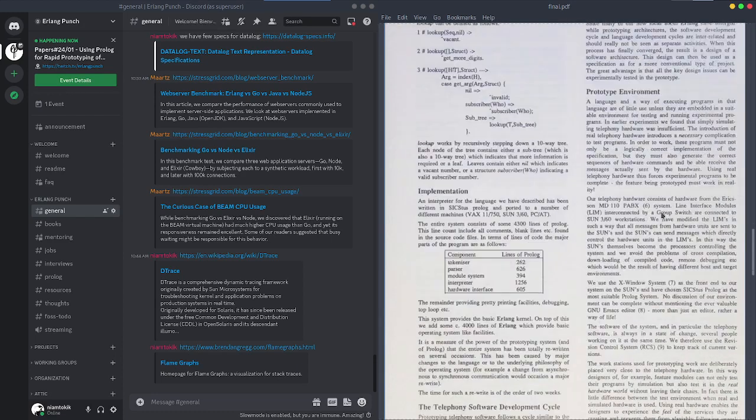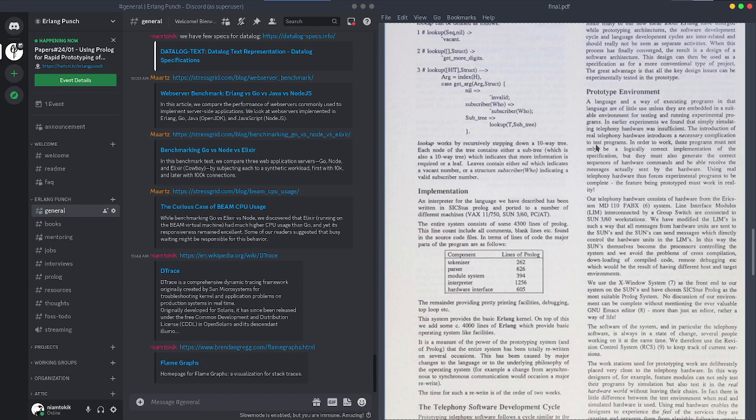Prototype environment. A language and a way of executing programs in that language are of little use unless they are embedded in a suitable environment for testing and running experimental programs. In earlier experiments, we found that simply simulating telephony hardware was insufficient.